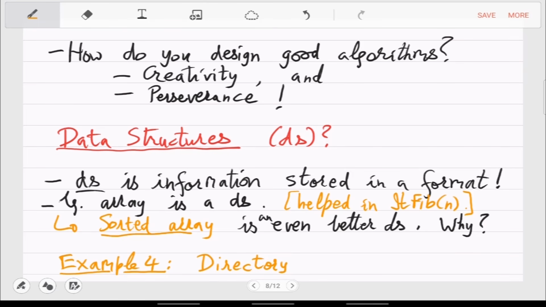Or what is still relevant is a dictionary. Right? In a dictionary you have words which are sorted, in a printed book. So you can see that it is much easier to find a word in a dictionary in contrast to if it was not sorted, right?